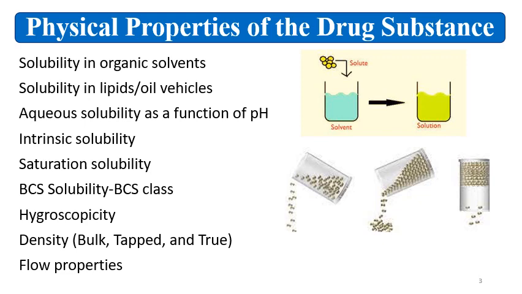Then flow properties. Whenever there is a transport of the material from one container to another container, or whenever mixing is there, or whenever there is a manufacturing process mainly for tablets and capsules or powders or granules or sachet filling, that time the flow property of the API is very important, and it affects the manufacturability of the formulation.